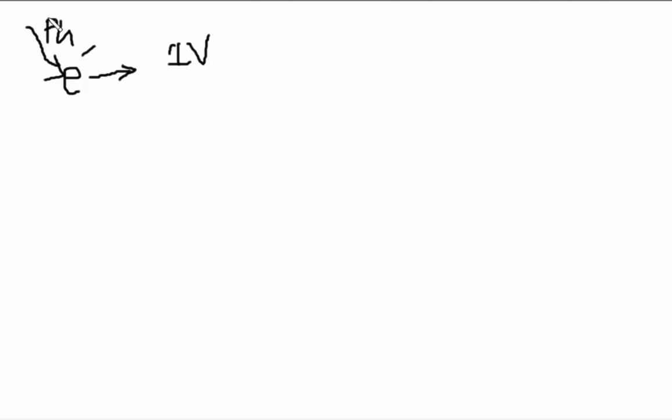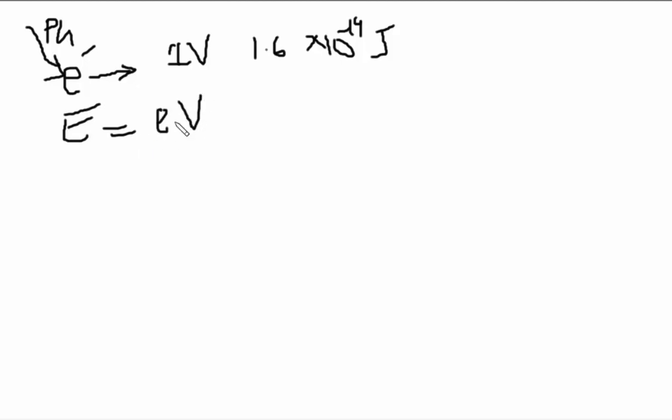So that amount of energy is 1.6 into 10 to the power of minus 19 joule. So we can call it E in electron volts, because it requires 1 volt to get 1.6 into 10 to the power of minus 19 joule.